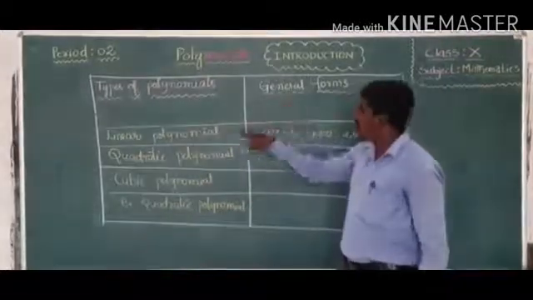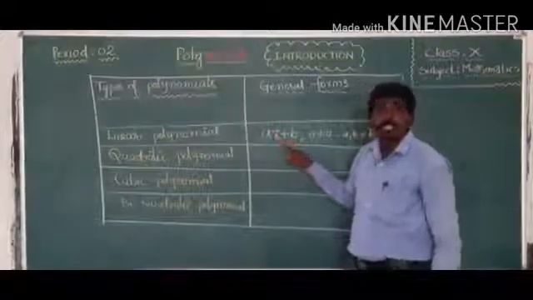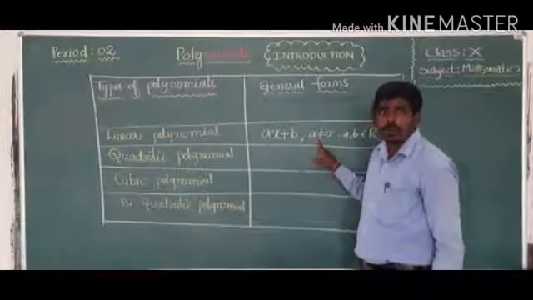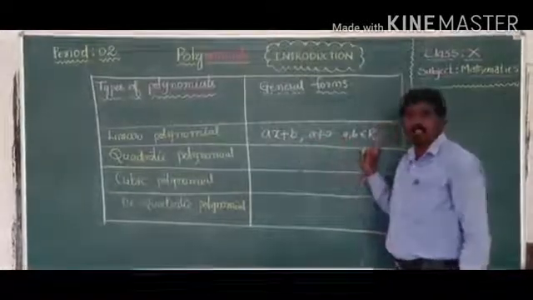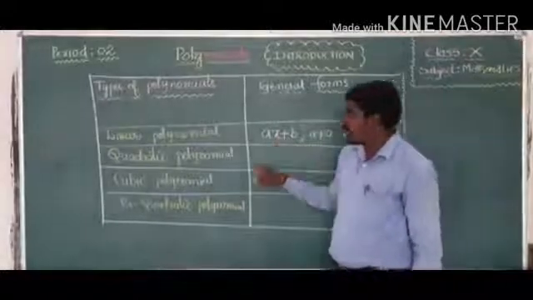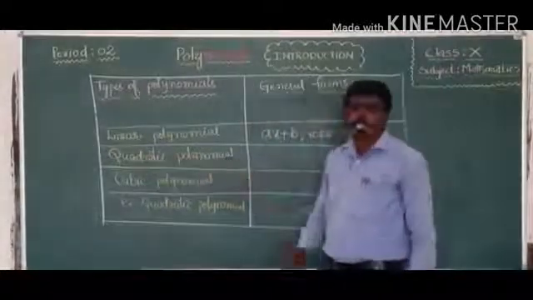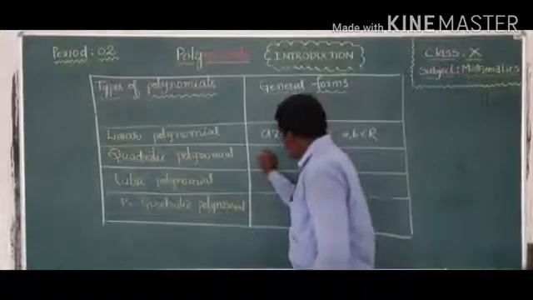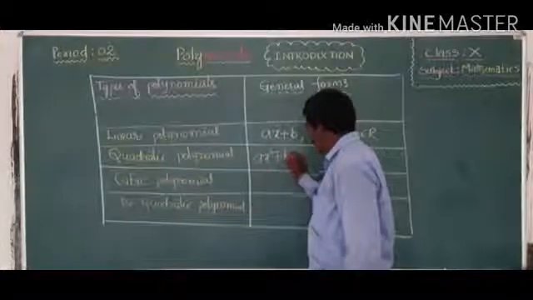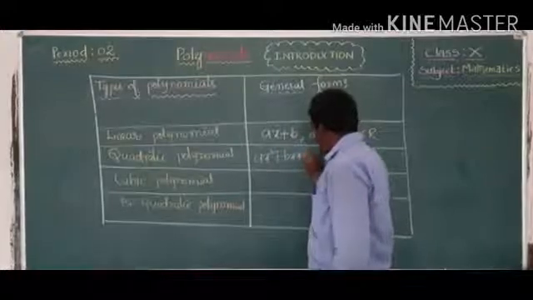So the general form of a linear polynomial is ax plus b, where a is not equal to 0, a and b must be real numbers, and x is the variable. And the general form of a quadratic polynomial is ax square plus bx plus c.